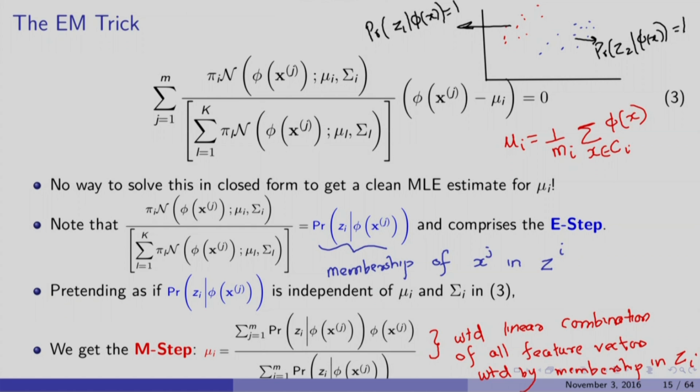So let us note the contrast. First of all, we had hard membership earlier, which was known by virtue of the training data. Our membership now is soft, every point can belong to every cluster. As a result, when we deal with the parameter estimates, we now consider contribution from all points based on their membership.